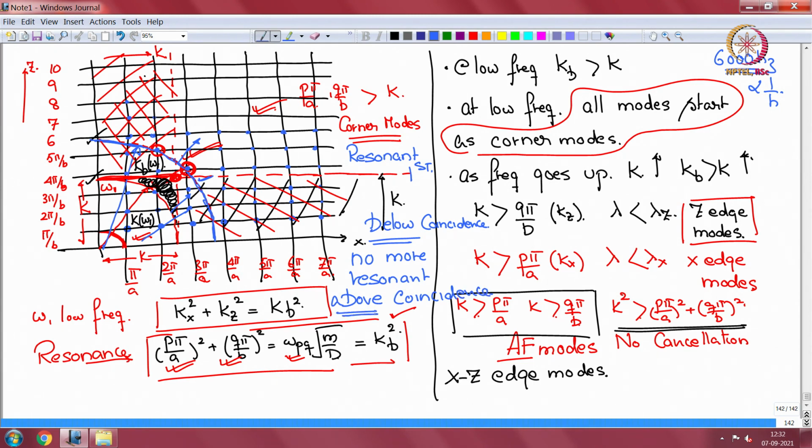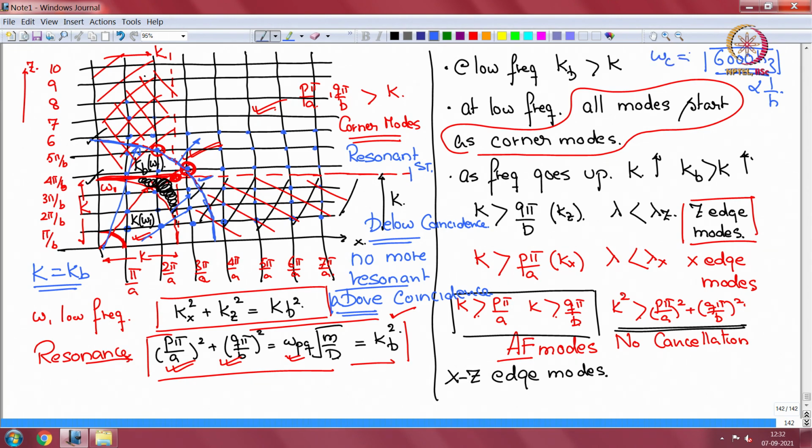Okay, now please don't confuse this coincidence with the coincidence between K and KB. I hope I have made that clear. I will make it clear in a general lecture next. Okay, so this is the plate material and acoustic speed related coincidence frequency.